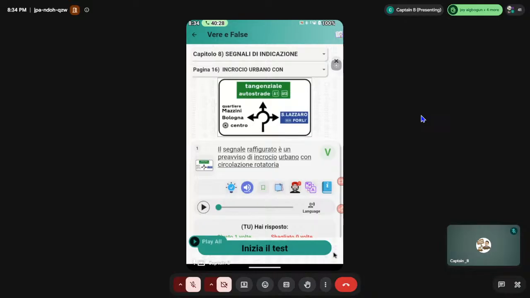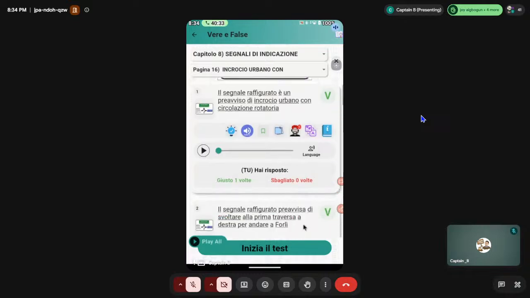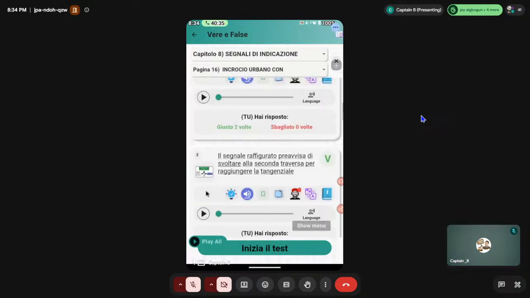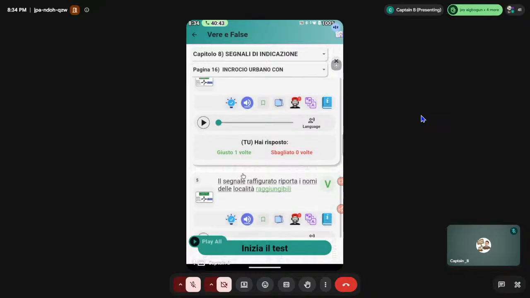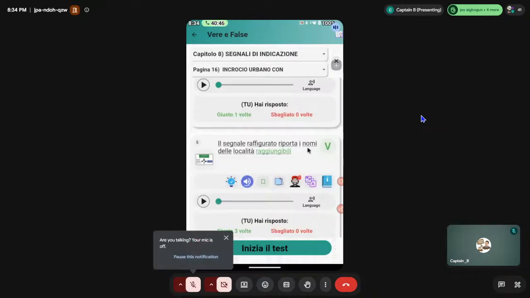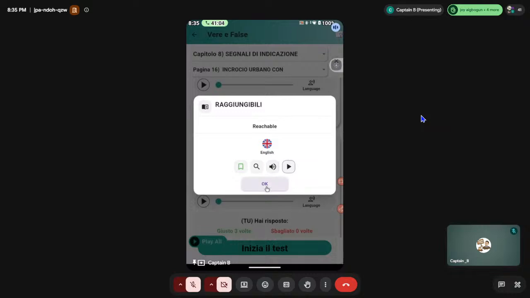It said raggiungibile, and the word ginger. I don't understand that language. Now, the word giungere is to get to, to wish to get to the place. This same one said nome, which means name of the locality. Locality means the name of the place. Raggiungibile means reachable.